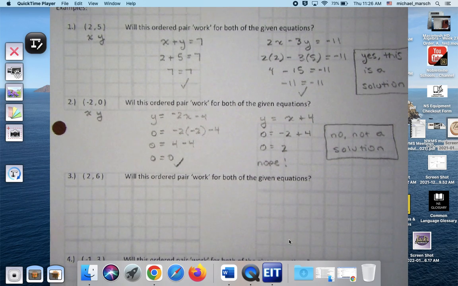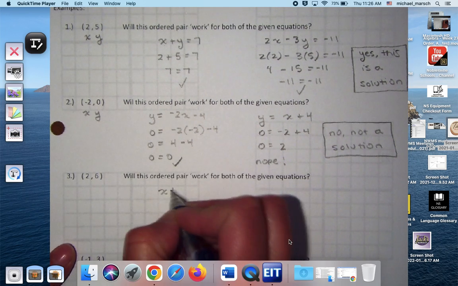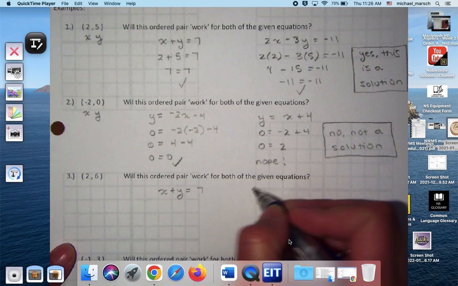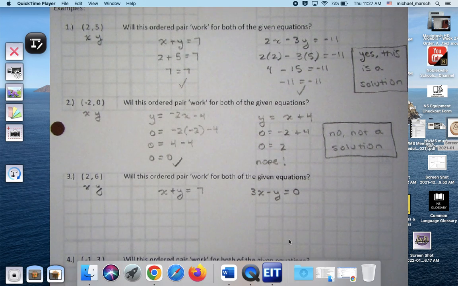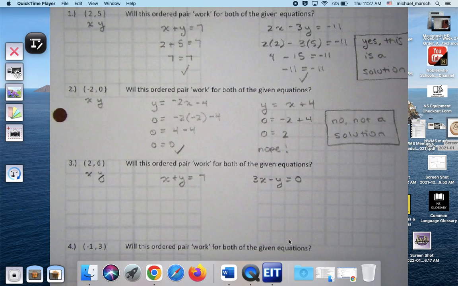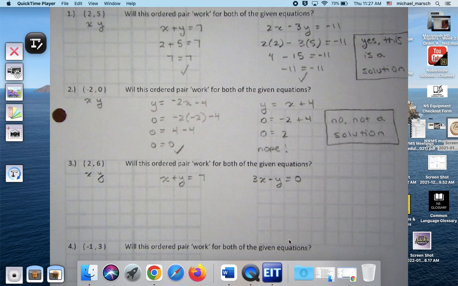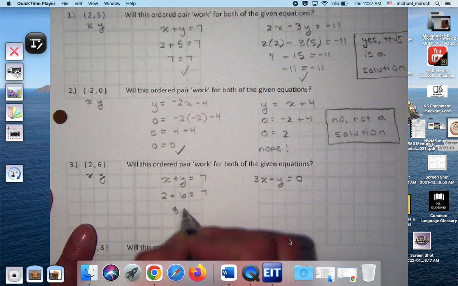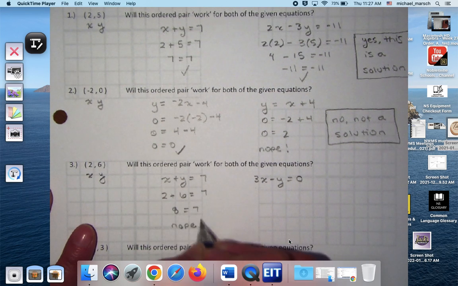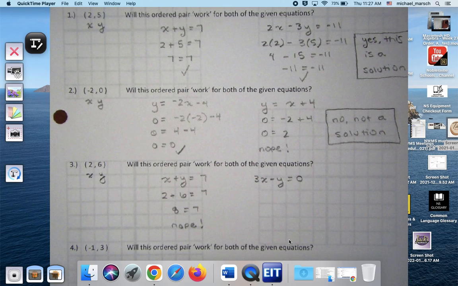Okay, so our next two. So what you'll notice is when you do the first one, right away it doesn't work, right? 8 does not equal 7.